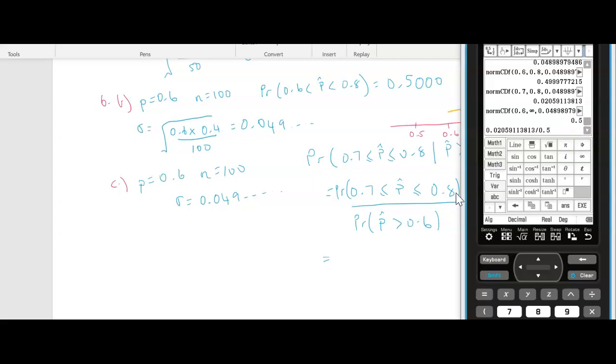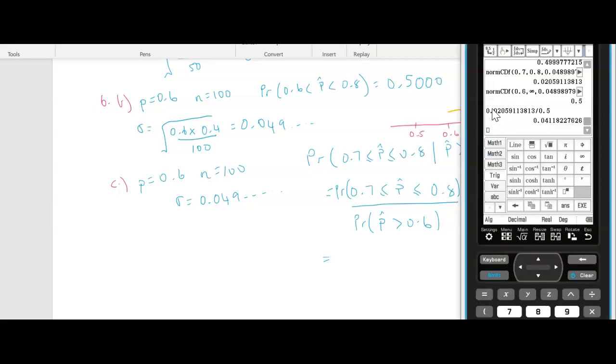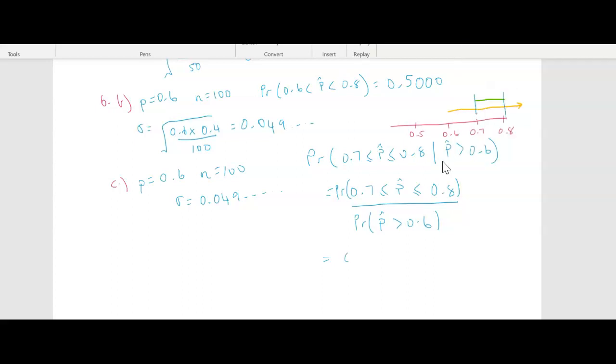And that makes sense because 0.6 is your mean, so obviously it would be 0.5 because your mean is halfway. Oops, I pressed enter before I actually copied it down. 0.0412. And it is approximate, but that's okay, just using your equal sign.